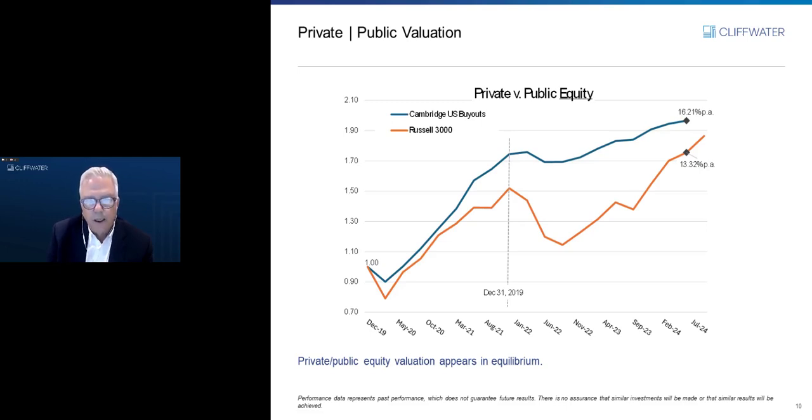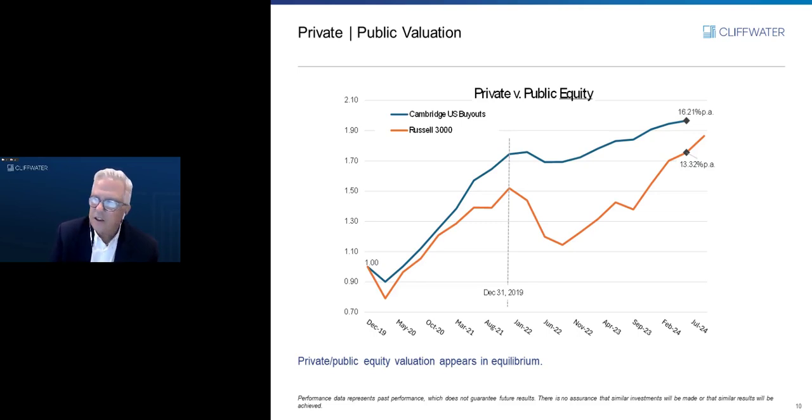In blue, this is a different data set we use, the Cambridge U.S. Buyout Index, net of fees. And I'm contrasting that with the Russell 3000 index. So it's apples to apples in the sense that it's U.S. private equity versus public equity, over a short-term period, the last 5 years.